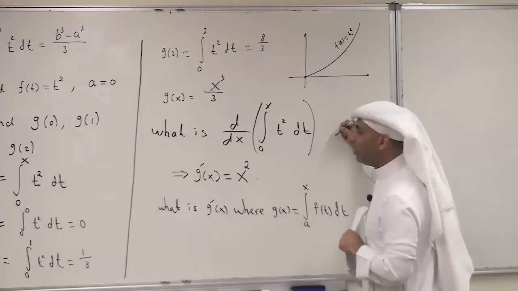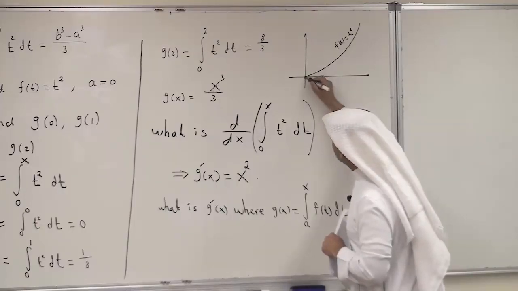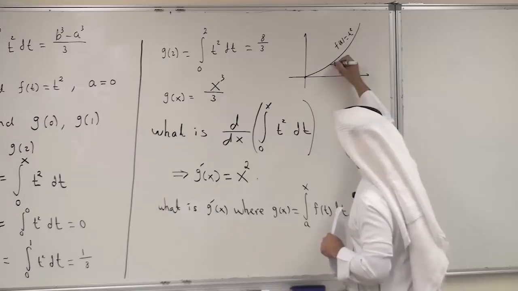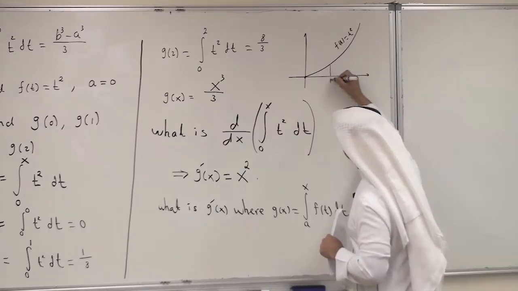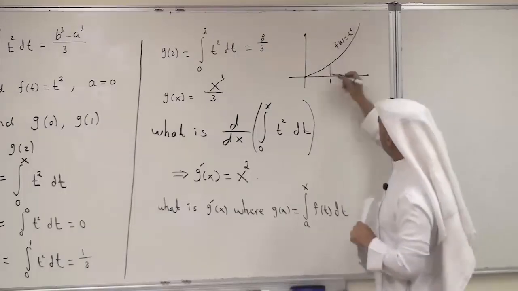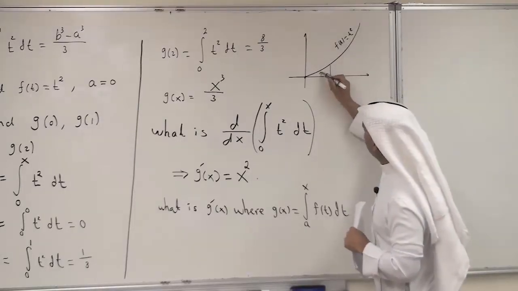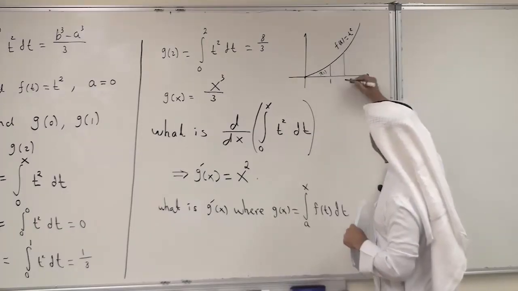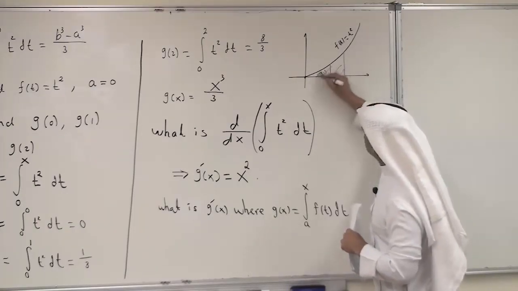What does it mean? G of 0 is the area over only one point, so that is 0. If I say g of 1, it means I'm calculating the integral from 0 to 1, and because the function is non-negative, g of 1 will give me this area here, and so on. For g of 2, you need to come here, and this is 2. So the whole thing here is g of 2.